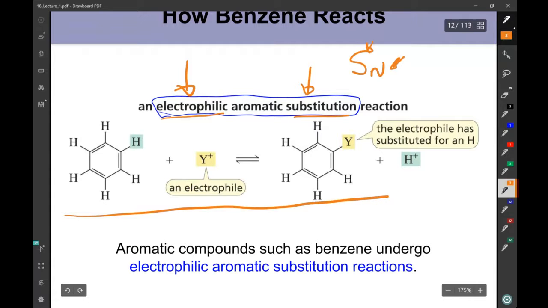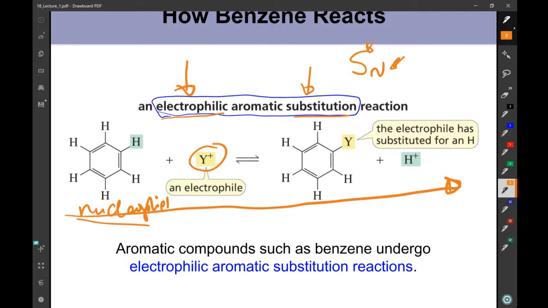And so this is the general reaction scheme for electrophilic aromatic substitution. Our electrophile is represented by Y plus, and our nucleophile is a benzene ring. Does that make sense? The benzene ring is the nucleophile, Y plus is the electrophile.